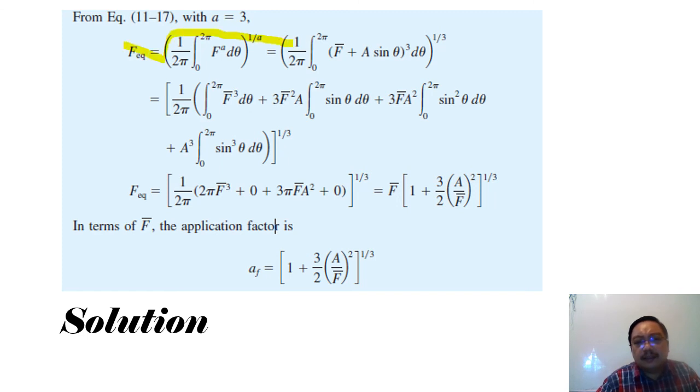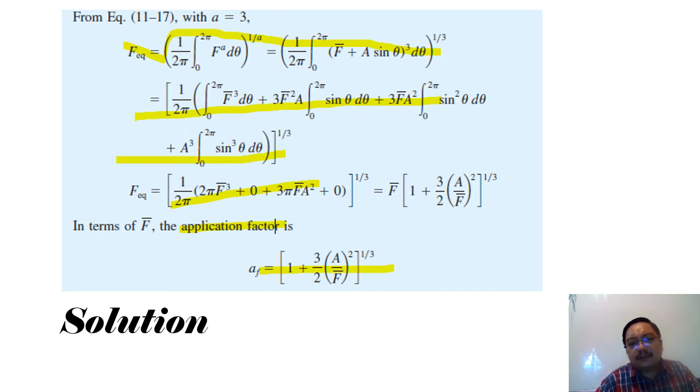You have to have the calculator with you to do this equation. Put in all the values that you get, and then you get the application factor as this.